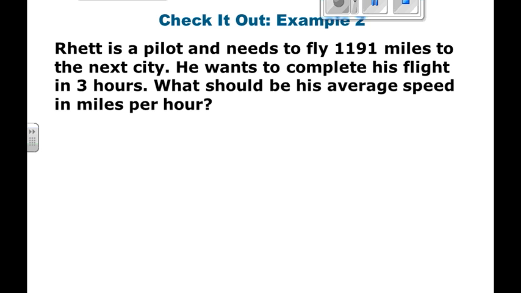All right, here's another one. You can try this one on your own. All right, so Red, a pilot, needs to fly 1,191 miles to the next city. He wants to complete his flight in 3 hours. What should be his average speed in miles per hour? That miles tells us it's going to be more than 1. The hour means it's going to be 1.